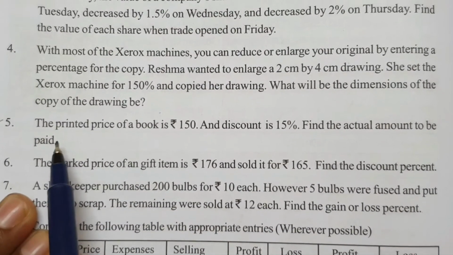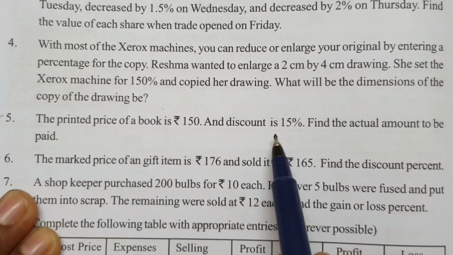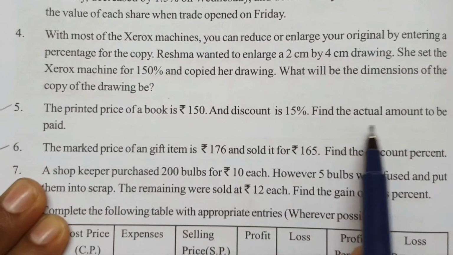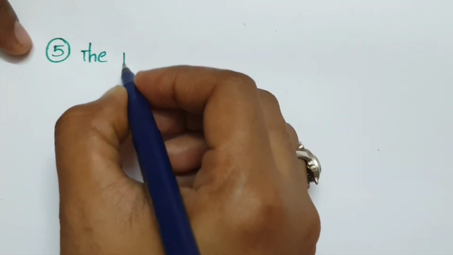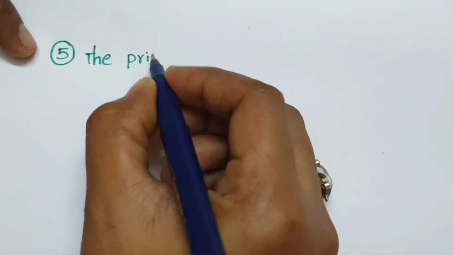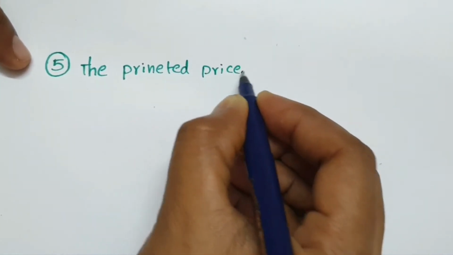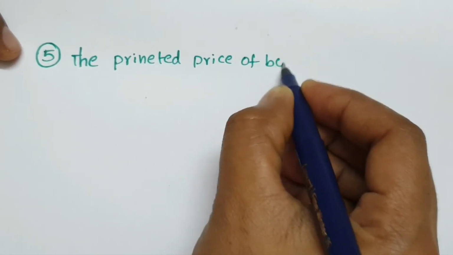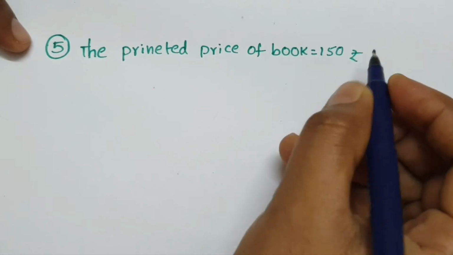Fifth question. The printed price of a book is 150 rupees and the discount is 15%. Find the actual amount to be paid. The printed price of the book equals 150 rupees.